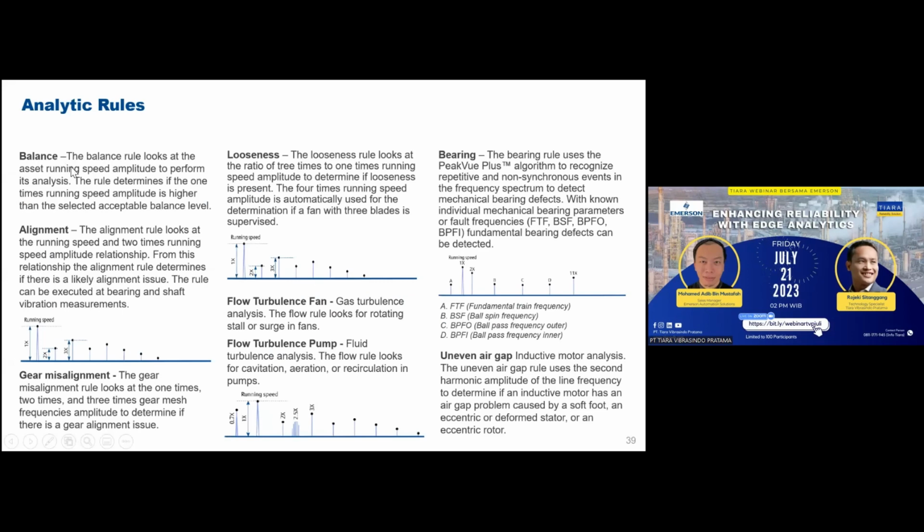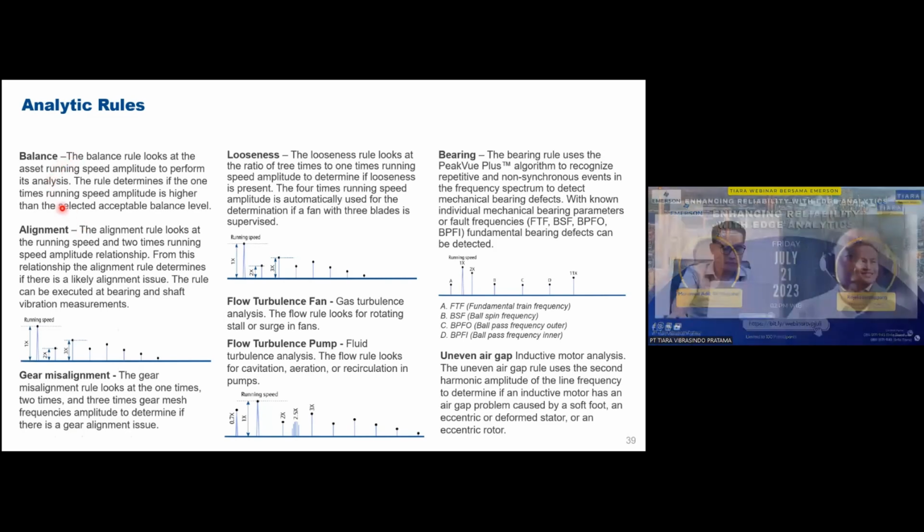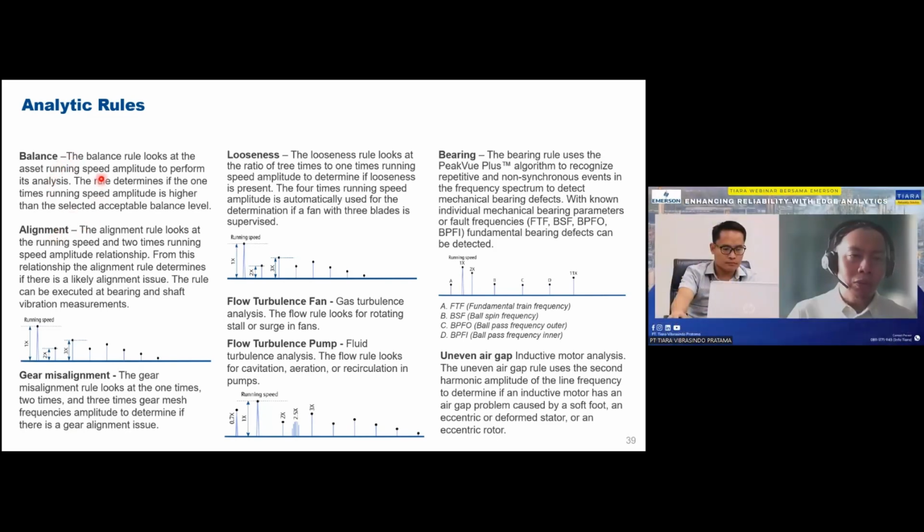When you want to look at balance, imbalance, or misalignment, it will compare vibration on the 1x for imbalance, and for misalignment it'll look at the 2x running speed, against the alarm setup via the ISO standards or even your custom alarms, right? The kind of analytics for imbalance and misalignment is simple.